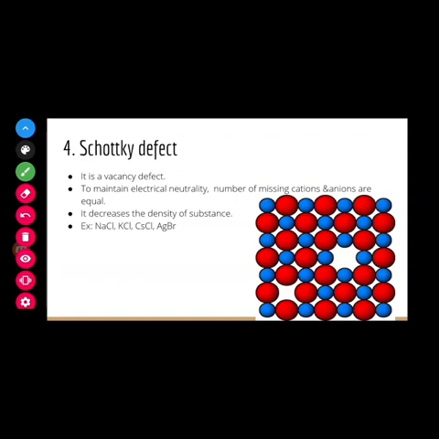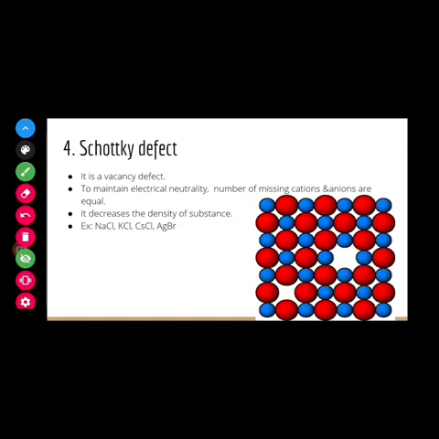If there are two vacant sites of cations, then there will be two vacant sites of anions. Otherwise, the electrical neutrality will not be maintained. It also decreases the density of the substance. It's obvious that the density will decrease, because there are cations and anions which are missing.